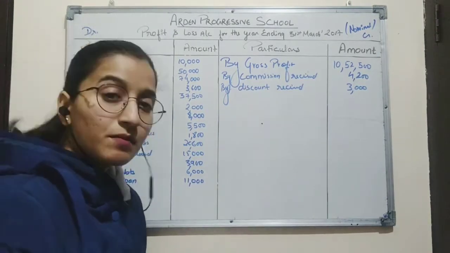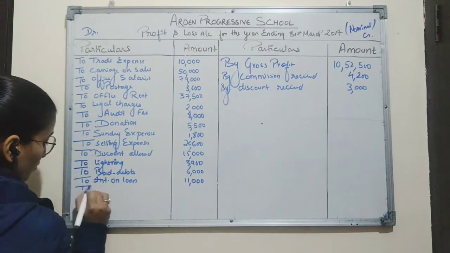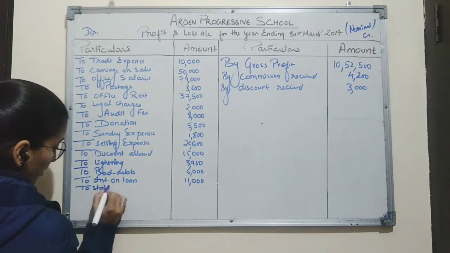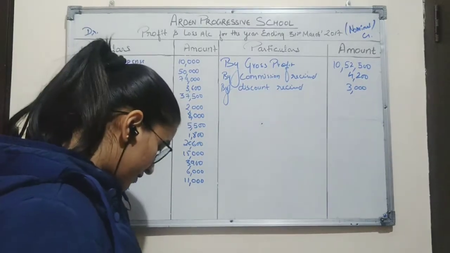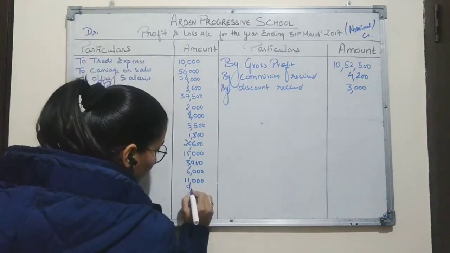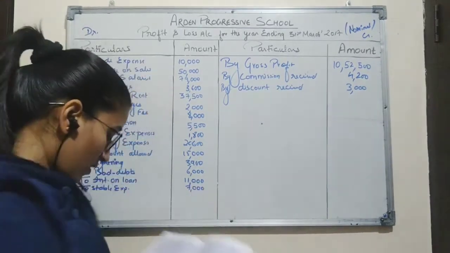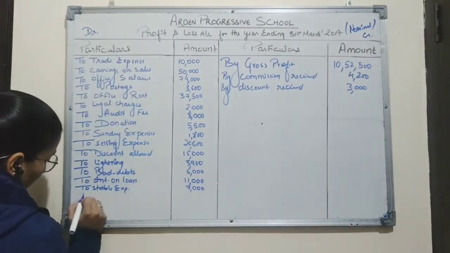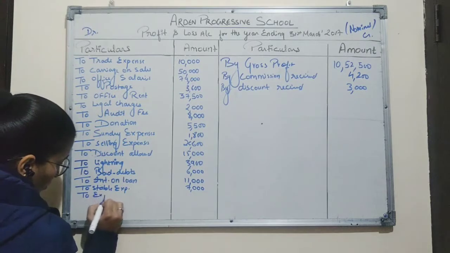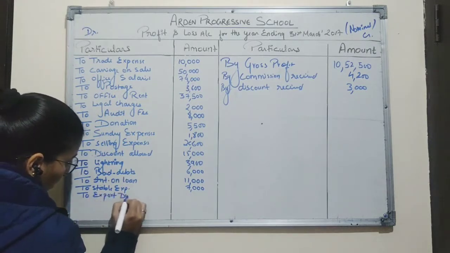Next is stable expenses. To stable expenses. Amount is 7,000. Next is export duty. Export duty is again an expense for the company. To export duty.